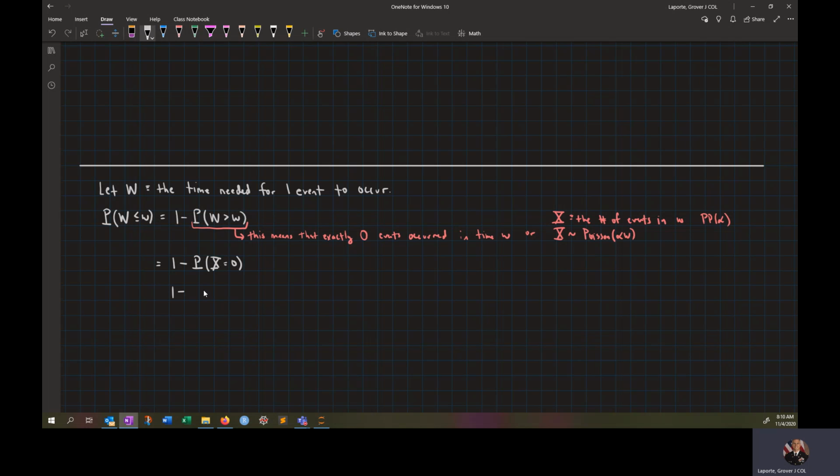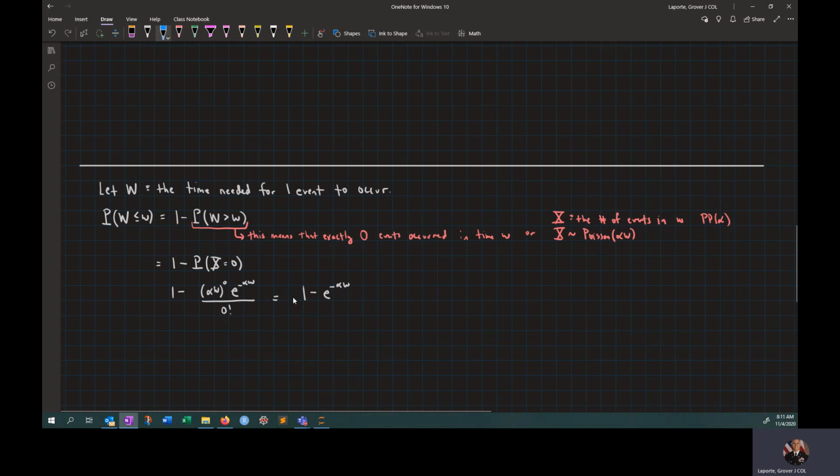So I can now go 1 minus alpha W to the 0 power, because that's the X, and then e to the negative alpha W all over 0 factorial. If we simplify, it's 1 minus e to the negative alpha W, where W is the amount of time.